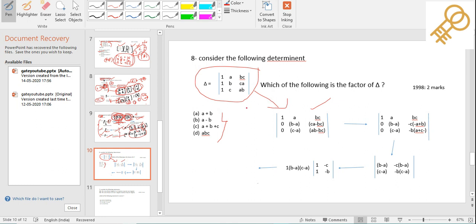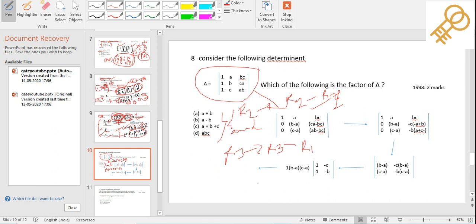So I'll apply R2 goes to R2 minus R1, and R3 goes to R3 minus R1.